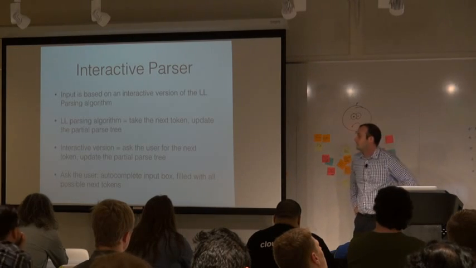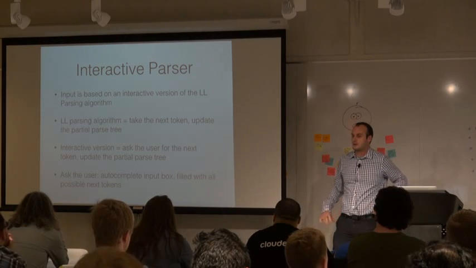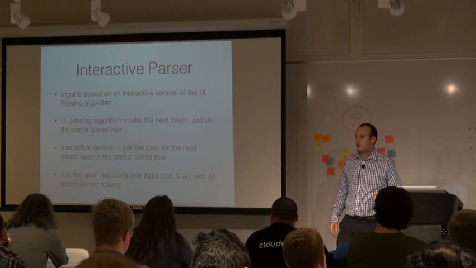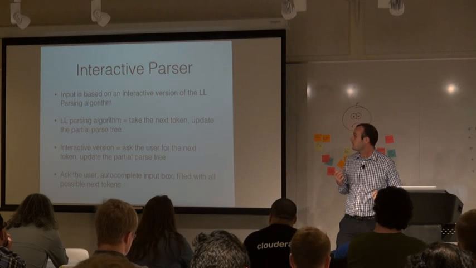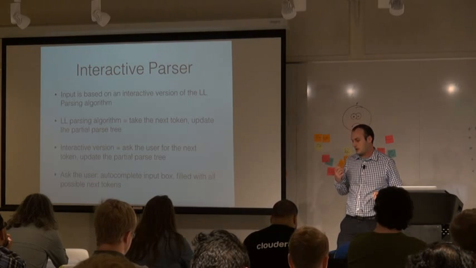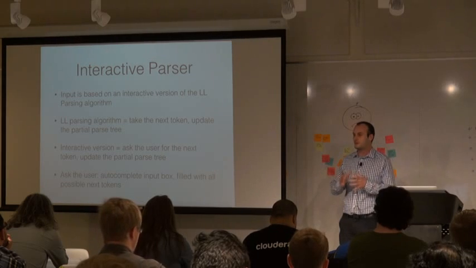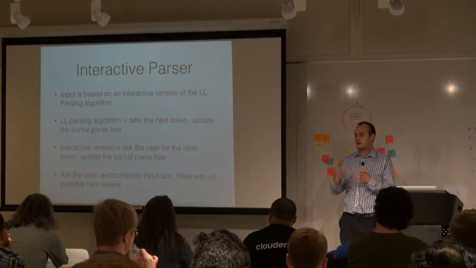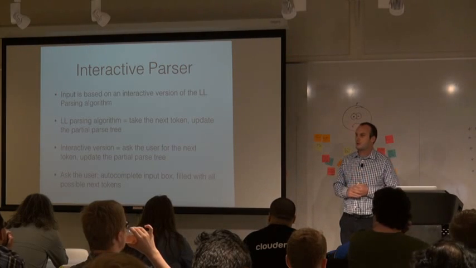The interactive parser, if any of you know a little bit about parsers and parsing theory, is based on an LL grammar. So an LL grammar is, roughly speaking, one where when you see the next piece of code, you already know what kind of tree construct it's part of.